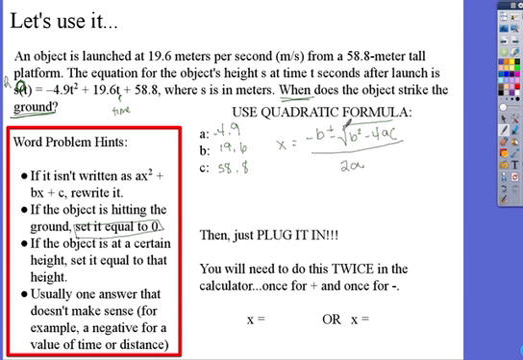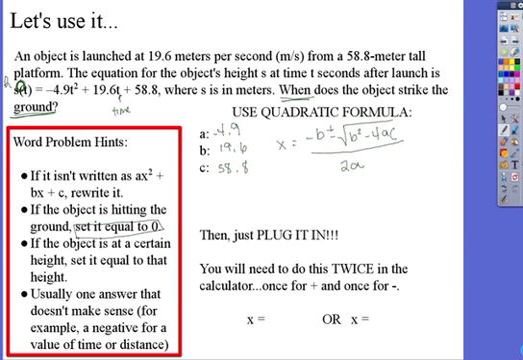All I'm going to do now is plug my numbers into this formula in my calculator. Notice here that there is a negative out front. You need to put that negative, and then b goes in parentheses.